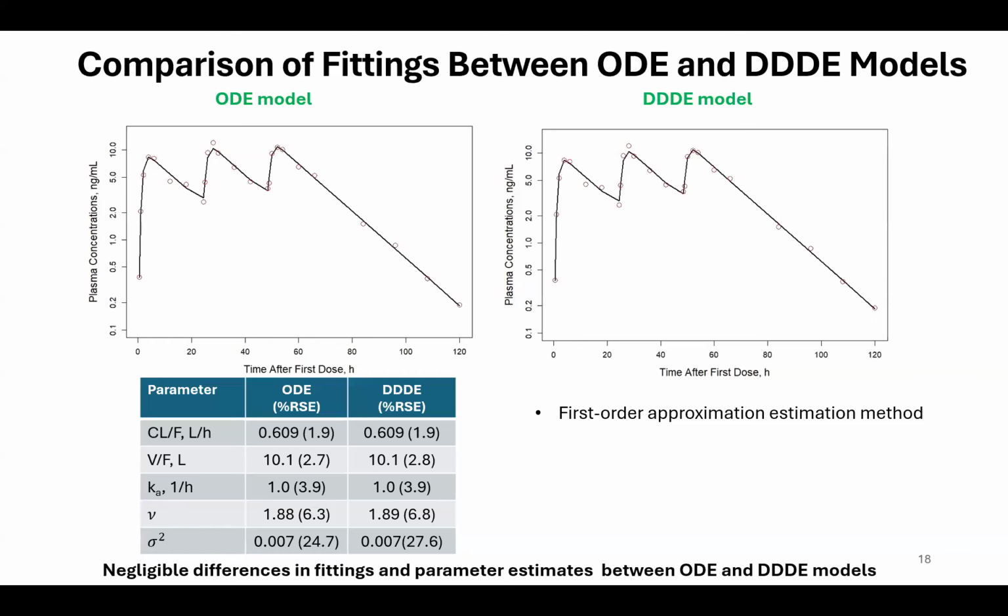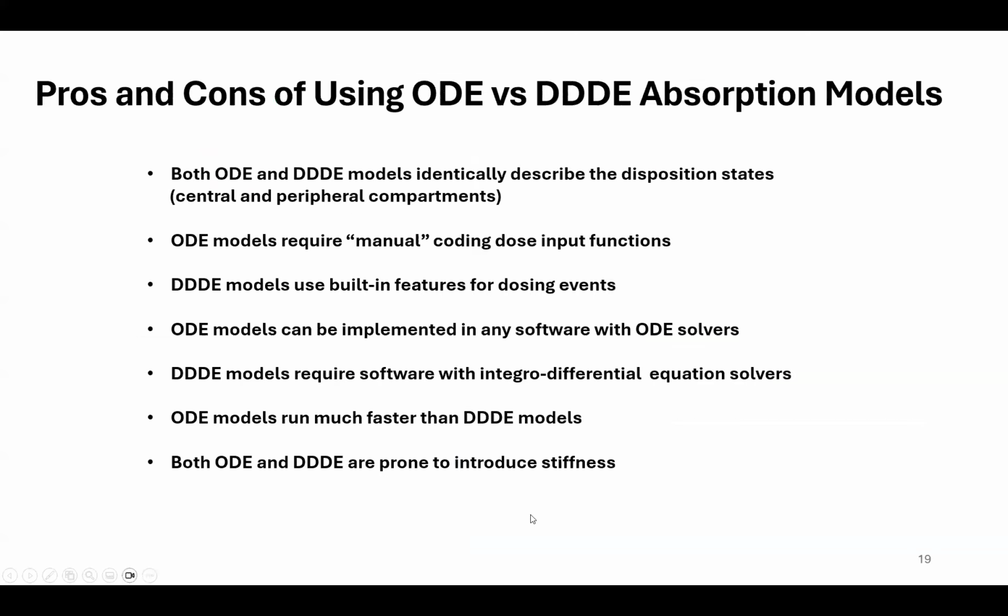So that pretty much concludes the presentation in terms of how to implement ODE and DDE models in those two programs. And I want to summarize this presentation by discussing pros and cons of using those models for modeling absorption data.